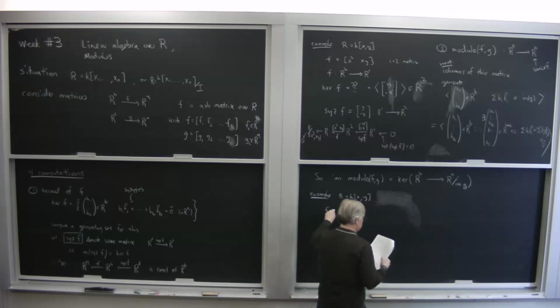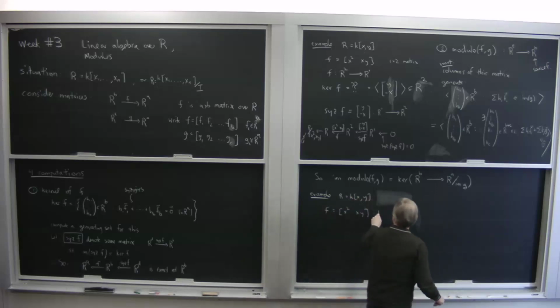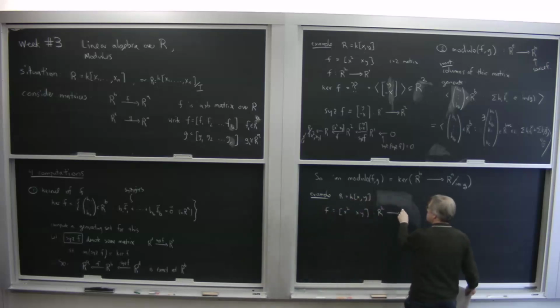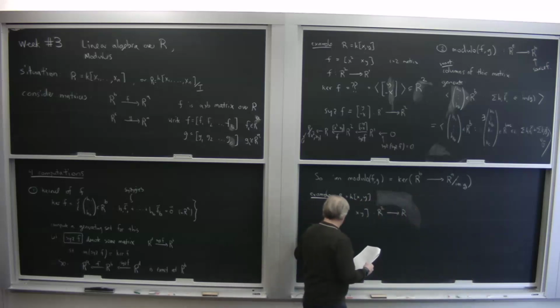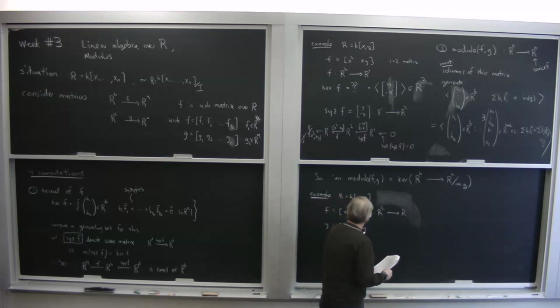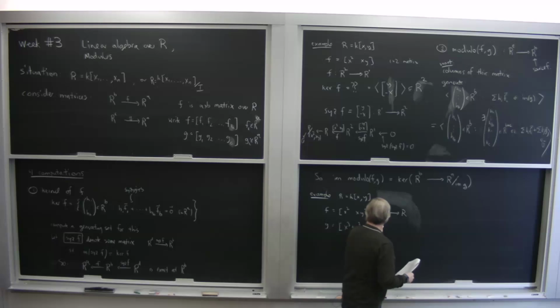F is going to be the same thing that we had before, x squared, xy, and that goes from R2 to R1. And now I want another matrix G. I want this to be a 1-by-1 matrix, x cubed plus x squared y. So that's going from R1 to R1.